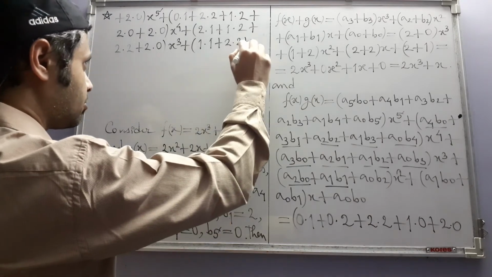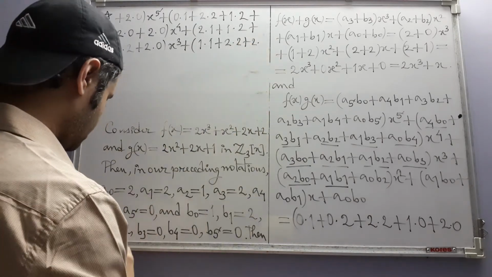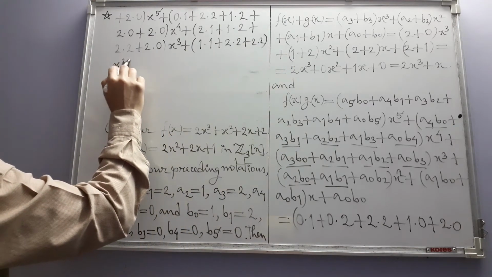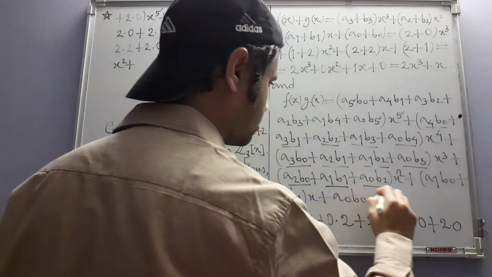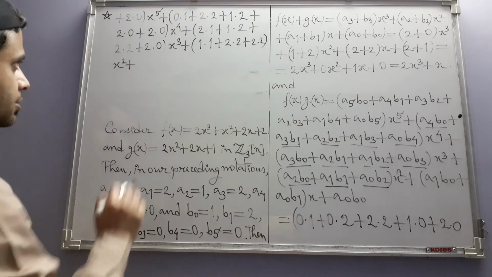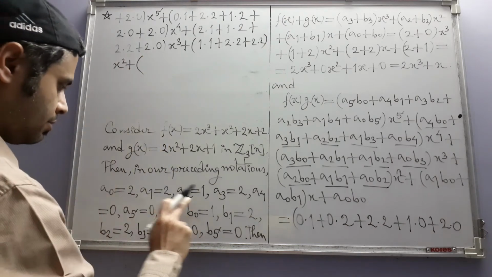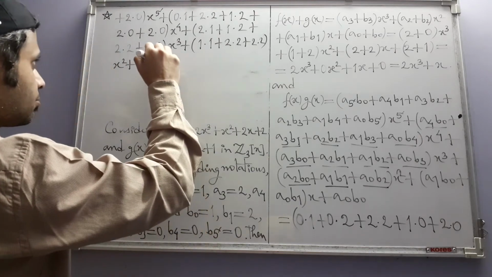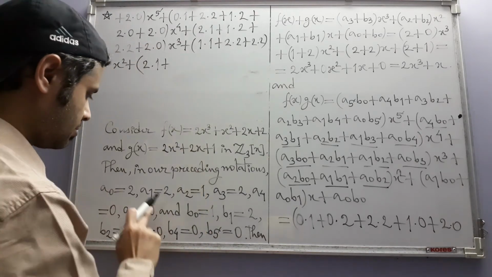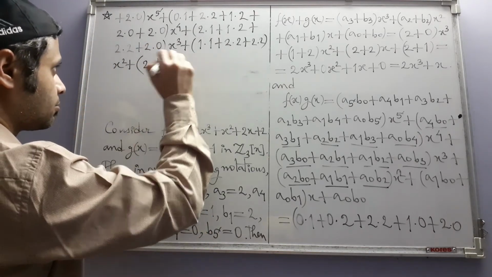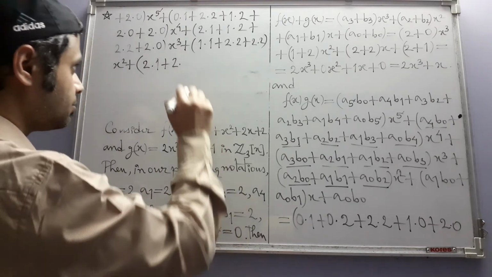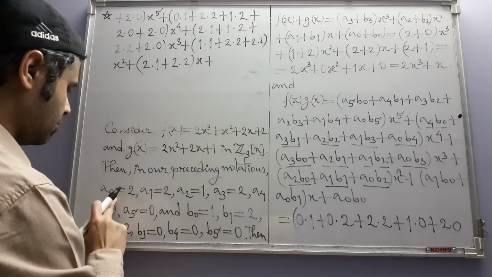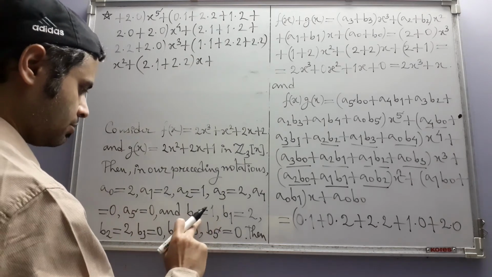A naught is 2, b2 is 2, x square plus a1 b naught plus a naught b1, plus a naught b naught, 2 times 1.